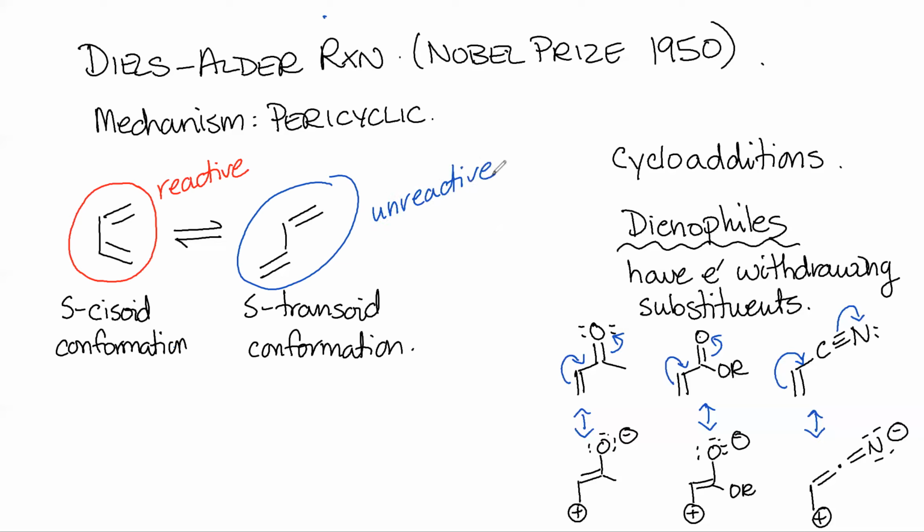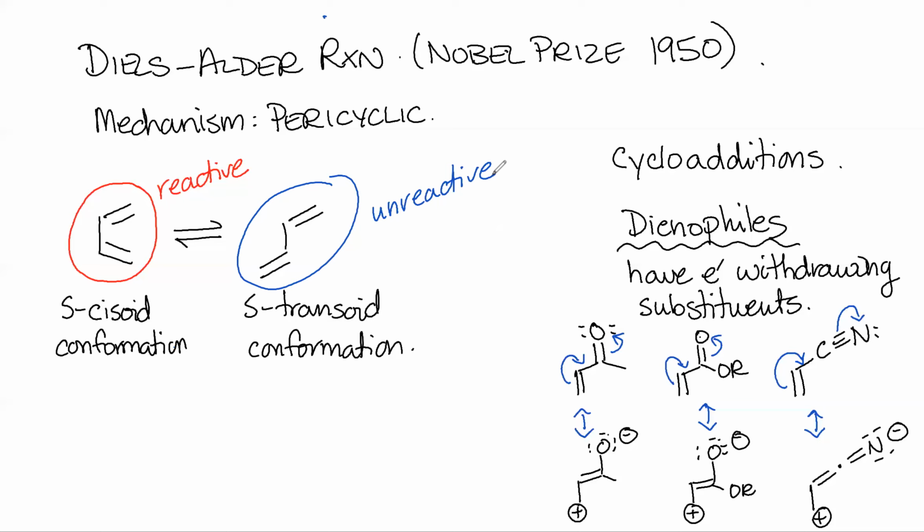Now, if we look at these two molecules, each one of these carbons is sp2 hybridized, so they're flat, right? So this molecule is trigonal planar at each carbon. The reactive conformation, we would think, has more steric issues with it because those two carbons are getting close to one another.